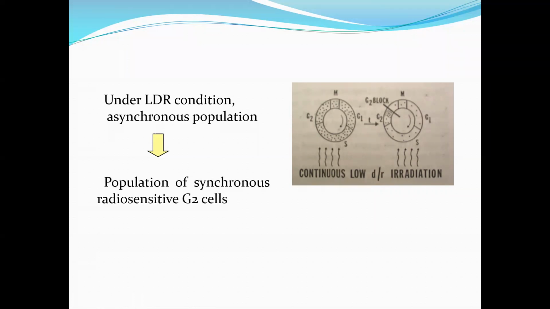Can anyone tell me what is the usual dose rate? Do you all have brachytherapy in your centers? Wherever you guys are studying? 7 gray per hour. Yes. Everybody else, find out what the dose rate is.